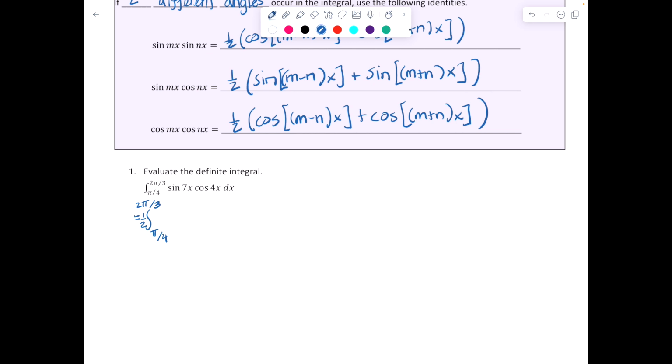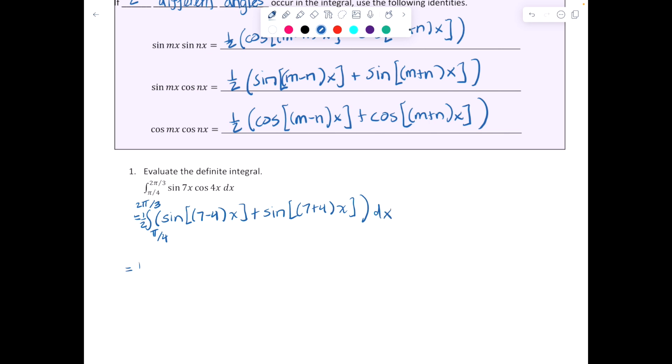And then we'll have sine at 7 minus 4 times x plus sine at 7 plus 4 times x with respect to x.